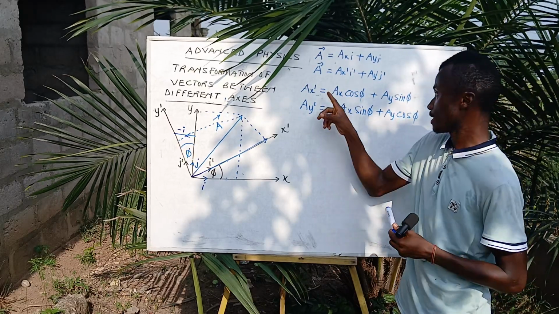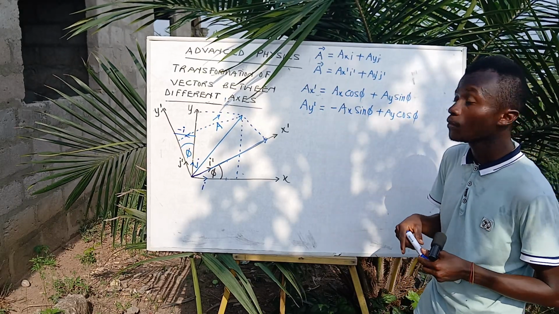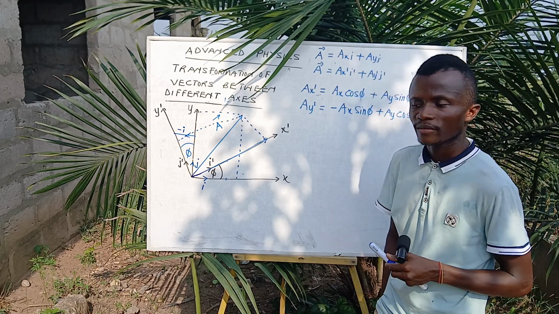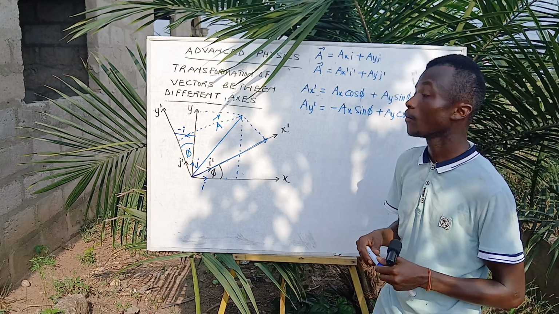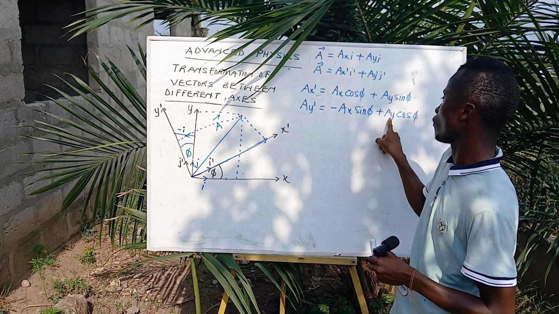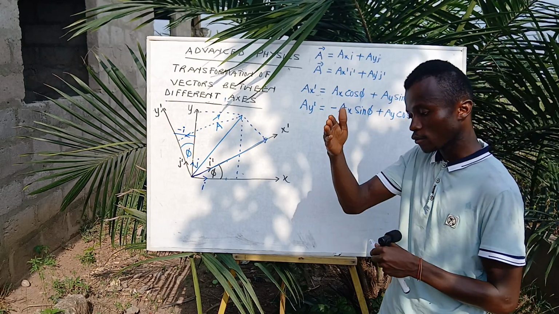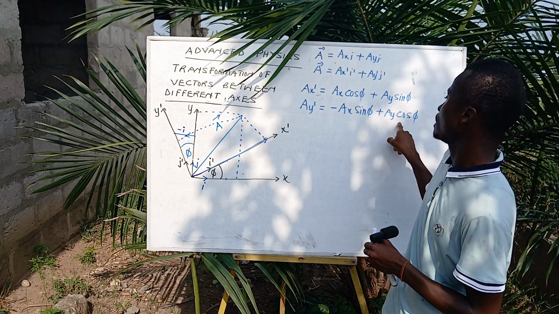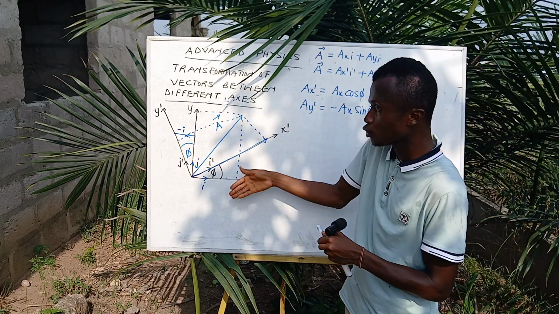So just give me ax and ay, and I'll give you ax prime and ay prime. So if the vector in the xy plane is say 3, 4, then you put 3 here, 4 here, 3 here, 4 there. And if the angle between the two axes is say 60 degrees, put 60 degrees here, 60 degrees here, and then you get your component in the newly chosen axis.